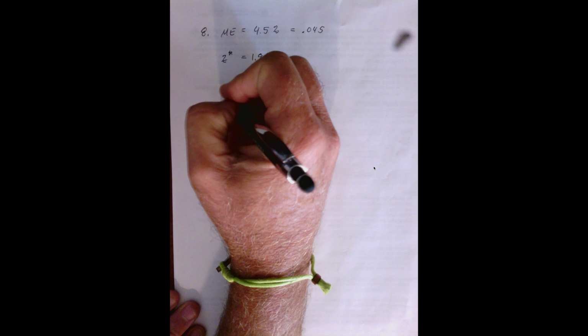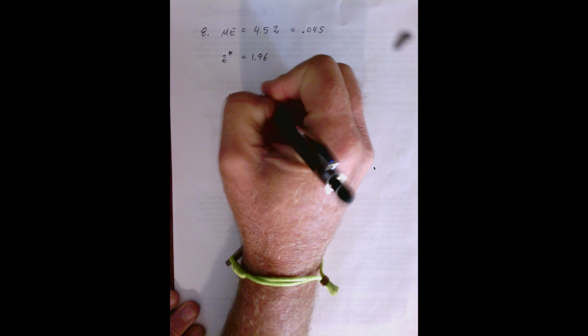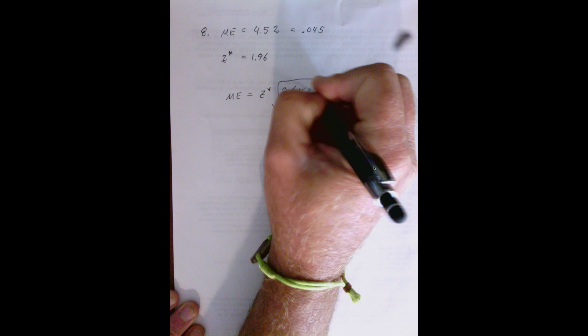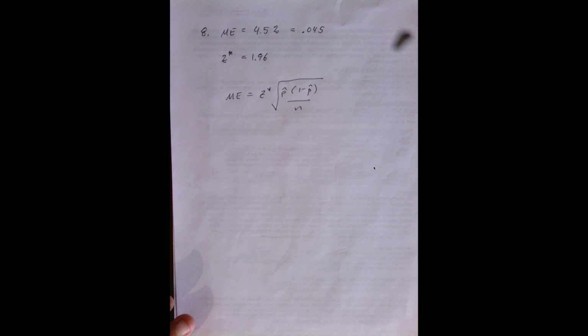And I gave you a formula the other day, but let's go ahead and write this out. We know that the margin of error is equal to Z critical times the square root of p hat times 1 minus p hat. The problem we did earlier was a distribution of sample means, confidence interval for means.